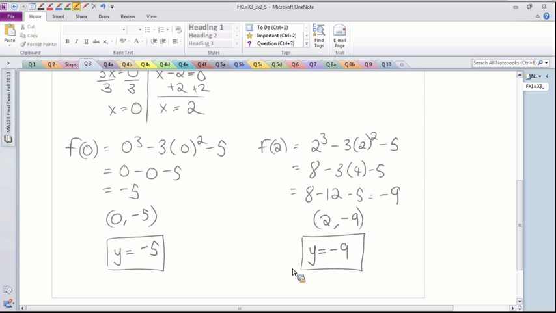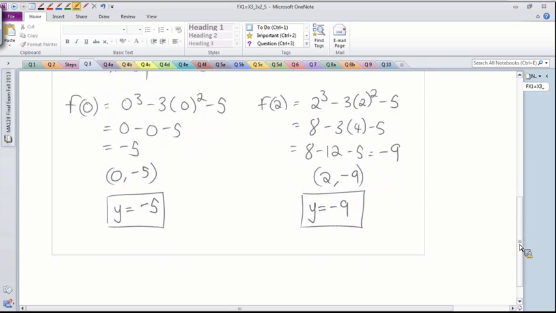If I asked you to find the equation of the tangent line that goes through this point and has slope 2, then we would have to use the point slope formula. It's just because our tangent line is horizontal, so it makes the question a lot easier.